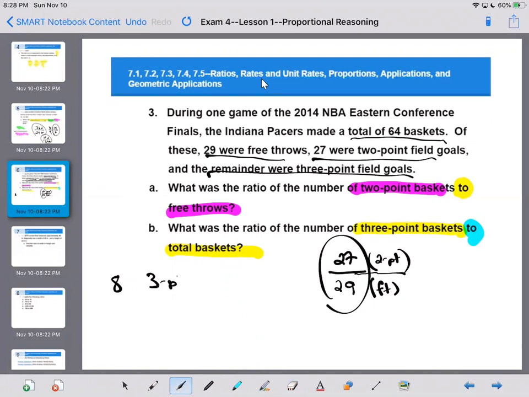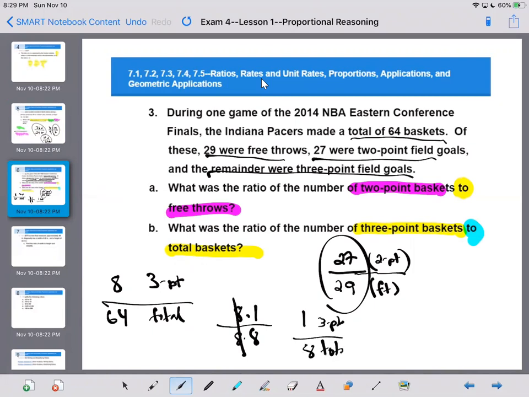And then we have a total baskets would be 64. So that's your total. Well, 8 will divide 64, and that would leave you with 1 3-point basket to 8 total baskets. So 8/64 is the same as 1/8.